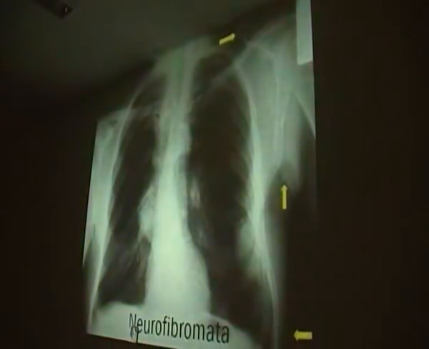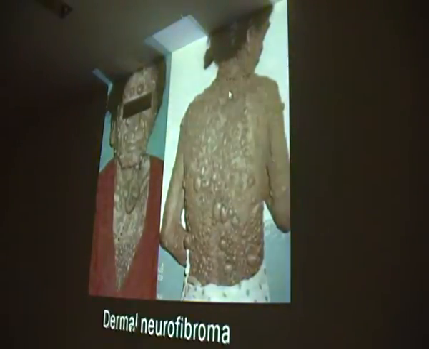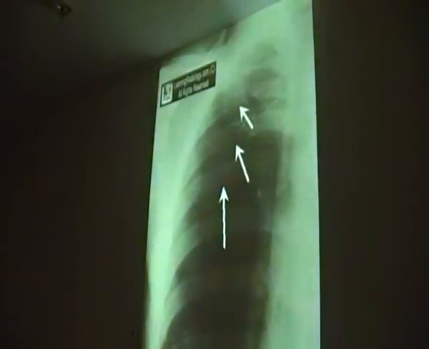So clinically, you can see something like this. Such a big lesion, of course, can be captured on the chest X-ray, right? So this one is quite serious, actually spreading to the skin already. Dermal or subcutaneous neurofibroma. And under that, on the X-ray, what can you see here?